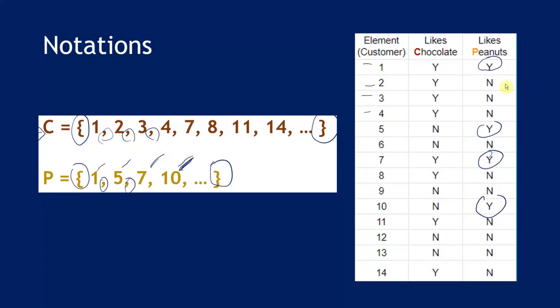So we skip the ones that are no. The subset only includes those that are consistent with the name of the subset, right? So we skip over all the no's when we list them using the symbol.